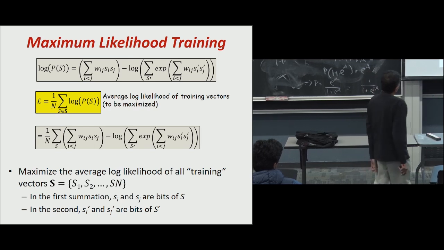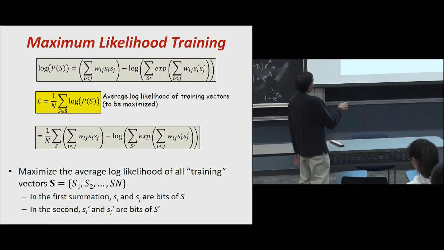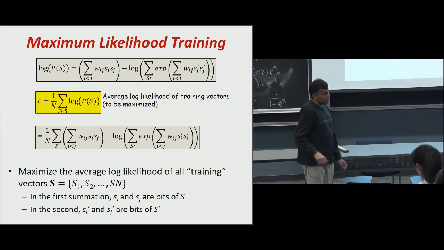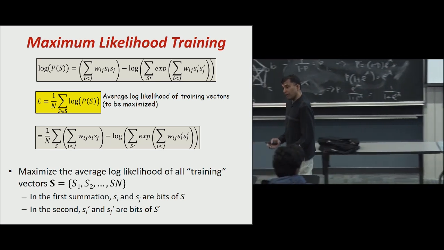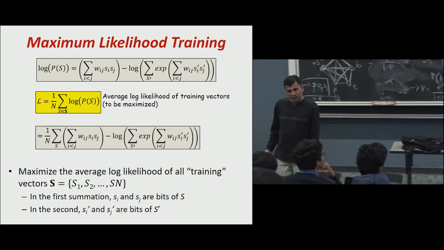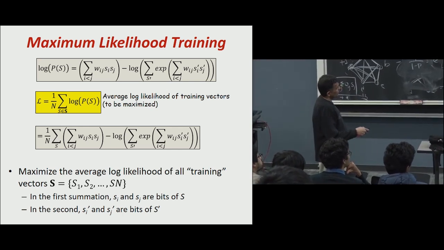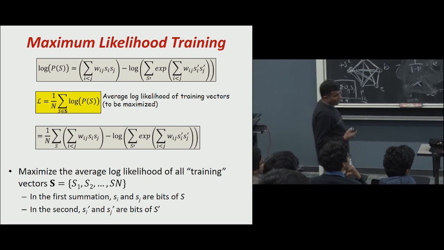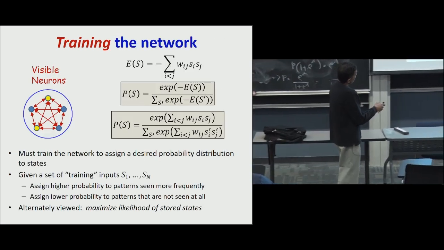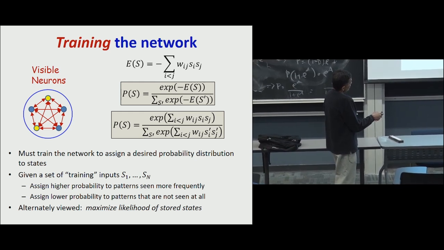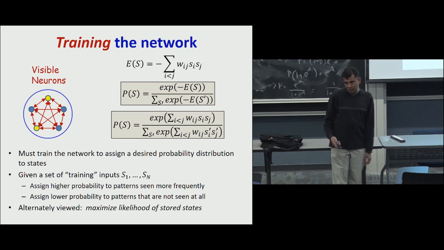And the way you can do it is I can compute the log probability. I can compute the joint probability of all the samples that I have provided for training, and the log of the probability of any given pattern, as you can see over here, is simply going to be the log of this, which is simply this argument over here minus the log of this normalizing constant, right?